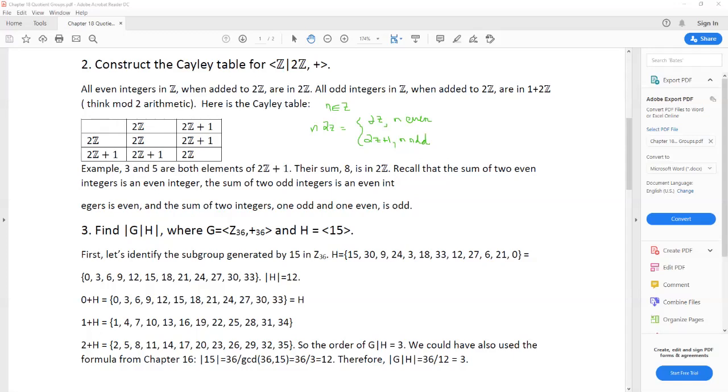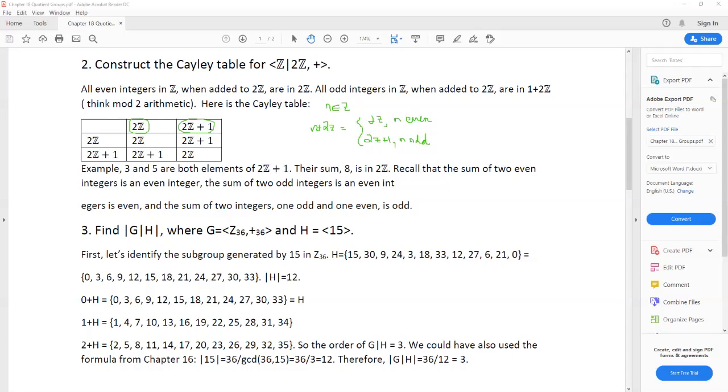Since every n plus 2Z is going to be either odd or even, if you add n plus 2Z, you're going to force the result to fall into one of two groups. And those two groups would be 2Z, which would comprise all of the even integers, and the other group is going to be 2Z plus 1.